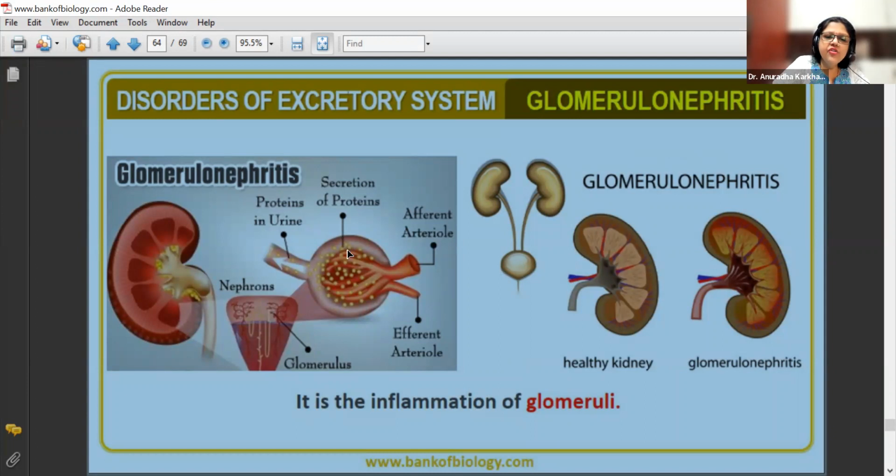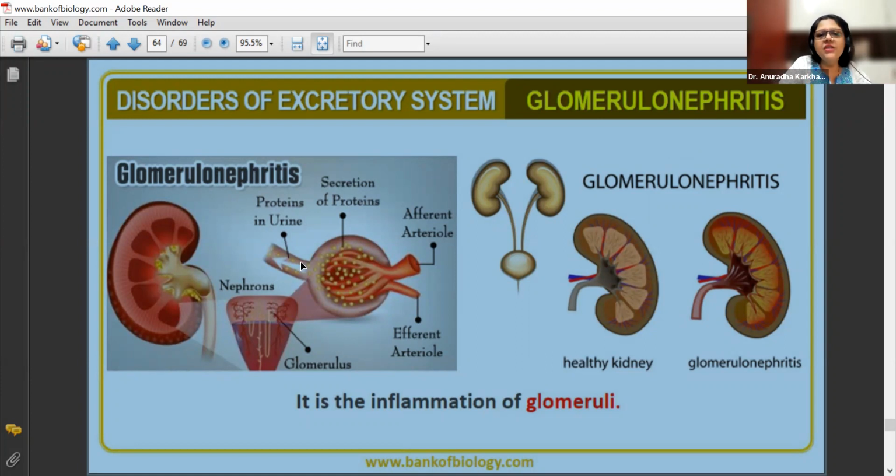That will tell in clinical diagnosis that the person has some problem with the glomerulus, because proteins are being thrown out into the urine.